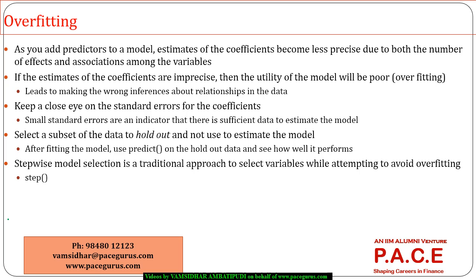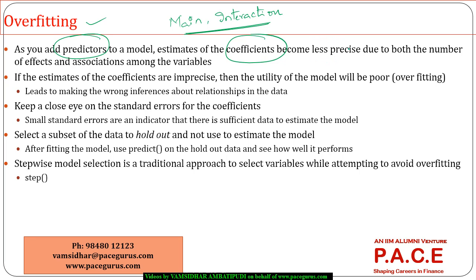Then one area that we need to be slightly careful of in this context is overfitting. The more and more predictors I am trying to add to a model, whether it is the main effects or even the interaction effects, one-way, two-way, three-way, four-way, the estimates of the coefficients get very diluted.